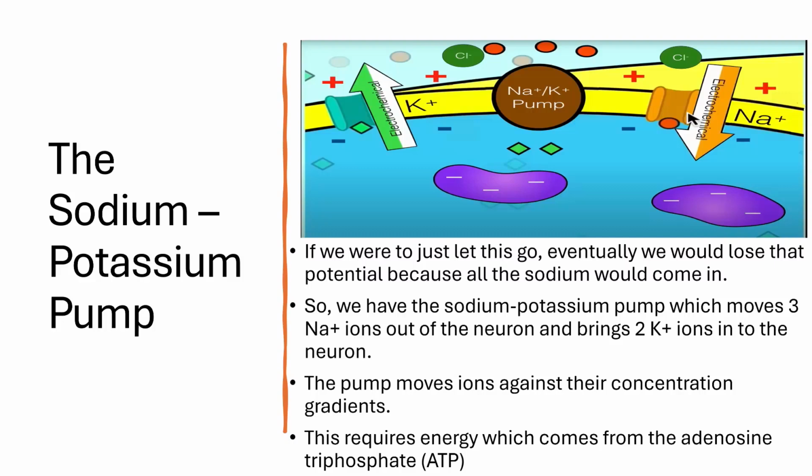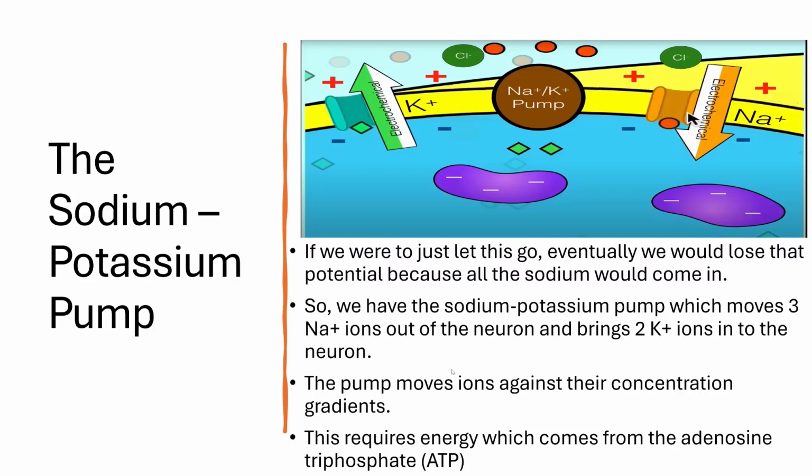If this pump does not exist, and we were just to let this go, eventually we would lose that potential because all the sodium would come in. So we have the sodium potassium pump, which moves 3 sodium ions outside of the neuron and brings 2 potassium ions inside the neuron. So it extracts sodium and attracts inside the potassium.